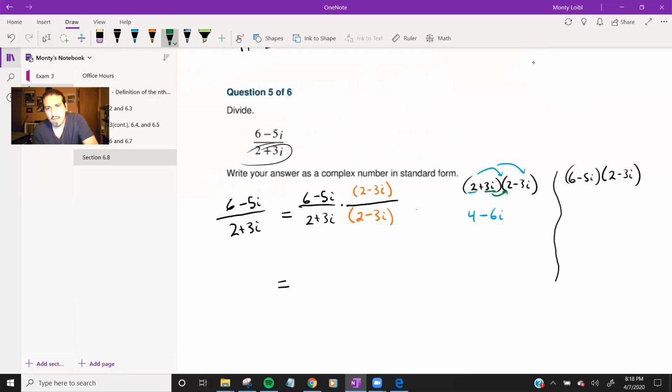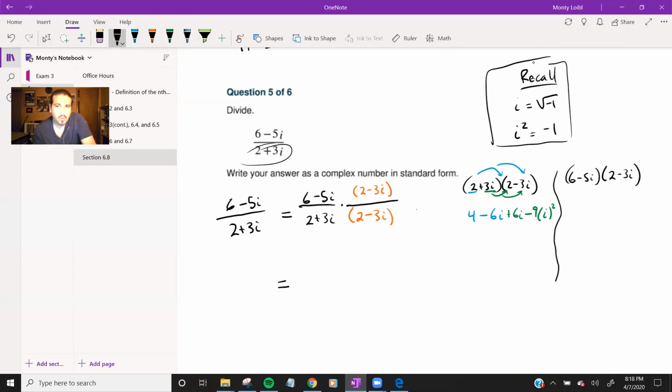Now distribute 3i, you get a positive 6i and minus 9 times i squared. Again, recall what i squared is, right? i is equal to the square root of -1, so i squared is equal to -1.